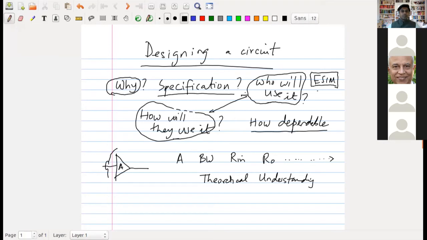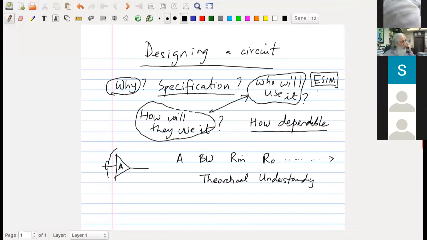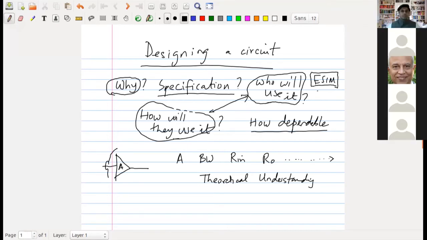So for example, let us say you design an amplifier in CMOS technology with a certain gain, bandwidth, and input and output impedance requirements, and you want to confirm that it actually worked. If it worked, your confidence goes higher, and you can go on to the next level of amplifier design.